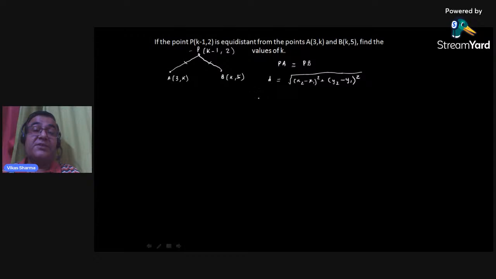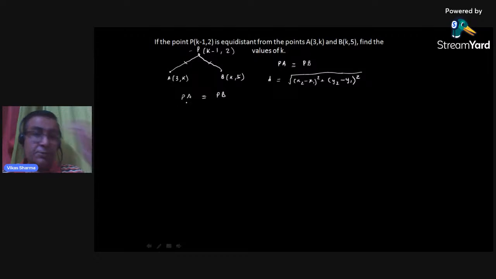Using the distance formula, you have to find what PA is equal to, what PB is equal to, and both of them should be equal. Then you should be able to arrive at an equation from which you will be able to find the value of k. So I'm waiting for you to do this question before I solve it on the screen, and give me the answer in the chat box. Whoever does that first will be the winner of the point.